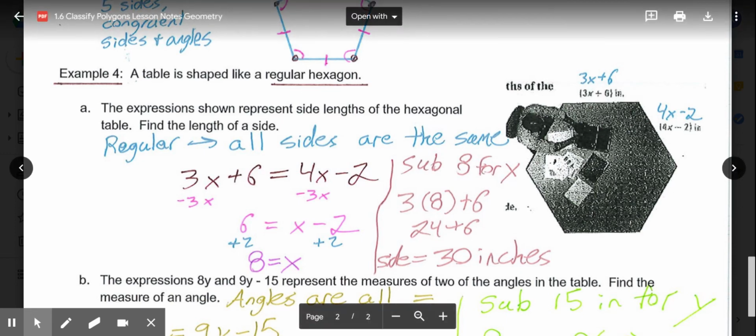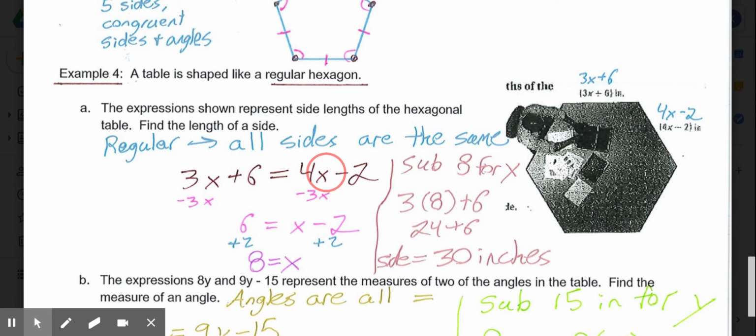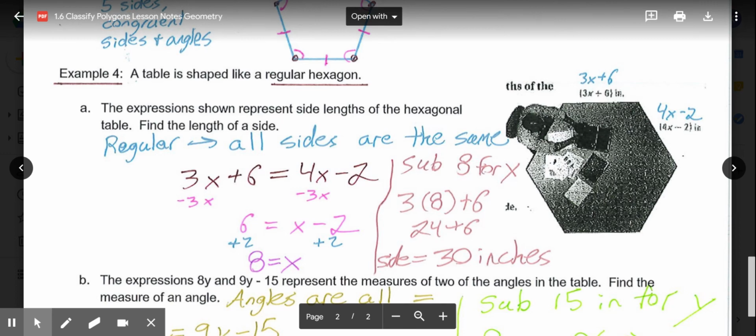They gave me 2 sides. One is 3x plus 6, and one is 4x minus 2. I can set those 2 sides equal to each other to solve for x. So 3x plus 6 equals 4x minus 2. Subtract 3x from each side, and 6 equals x minus 2. Add 2, and 8 equals x.